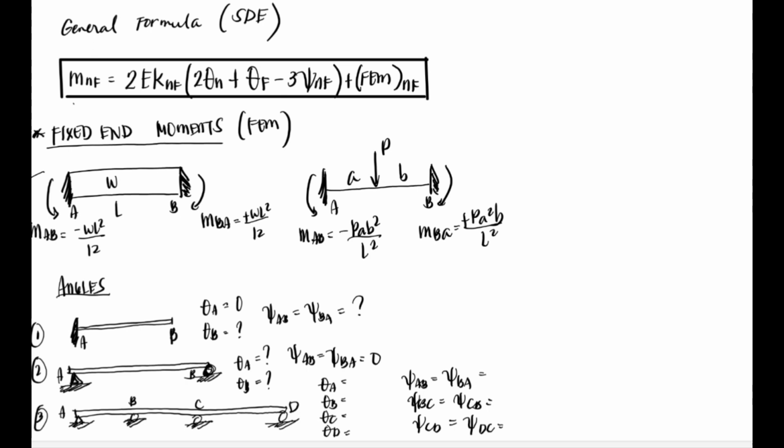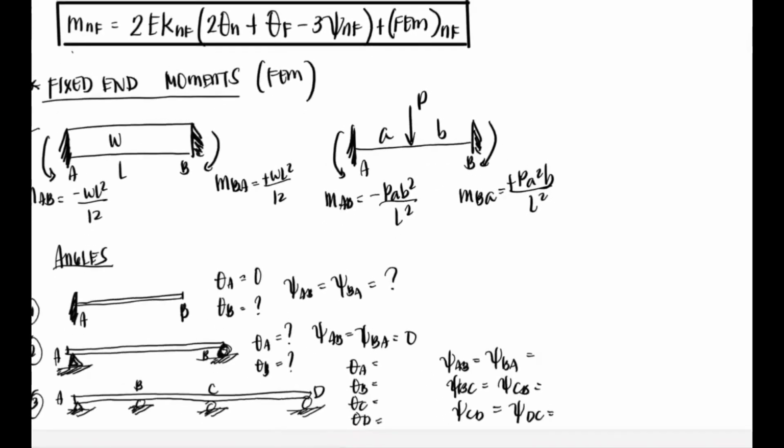How about naman po kapag continuous yung ating beam dyan? So, we have A, B, C, D. So, sabi ko nga kanina, every time na unyielding support, lahat ng theta natin is unknown. Okay? Next, how about yung psi natin? So, lahat ng psi kapag unyielding support, 0.